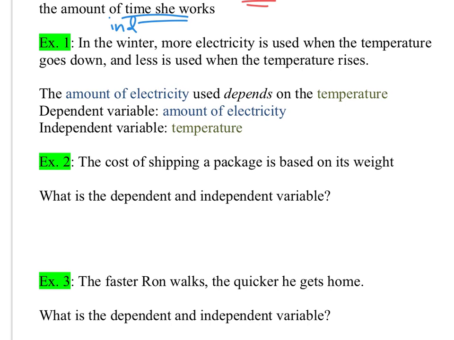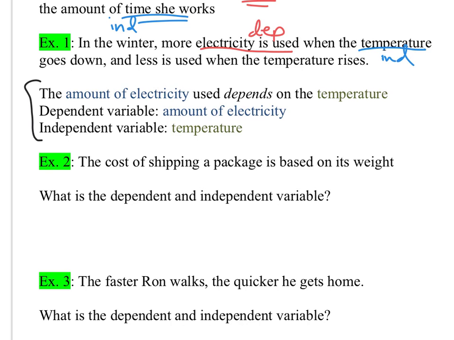And I think you all agree that the temperature outside drives or affects how much electricity is used. So that means that our temperature is our independent variable, whereas our electricity used is our dependent variable. And then that's been spelled out for you here.